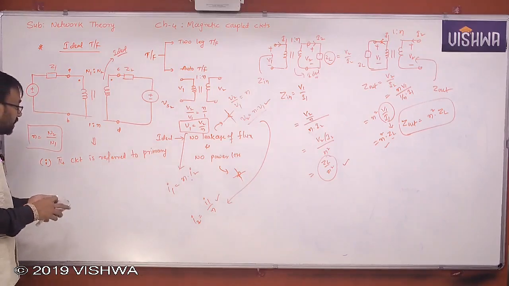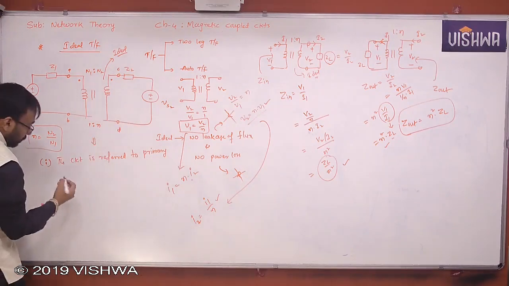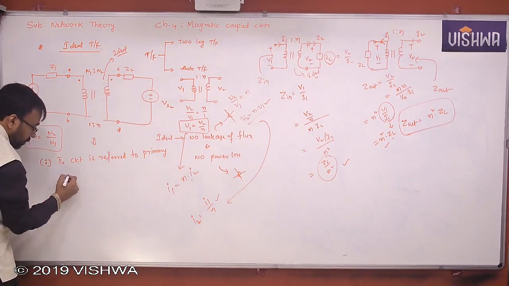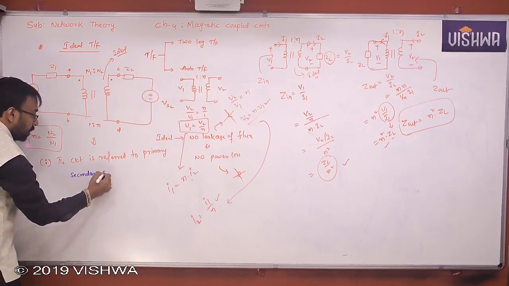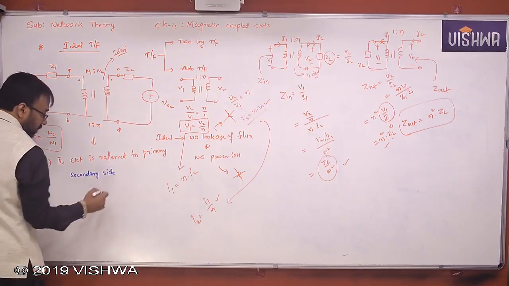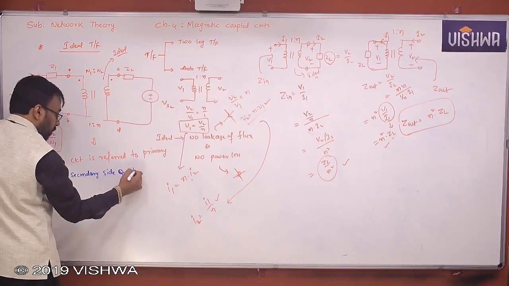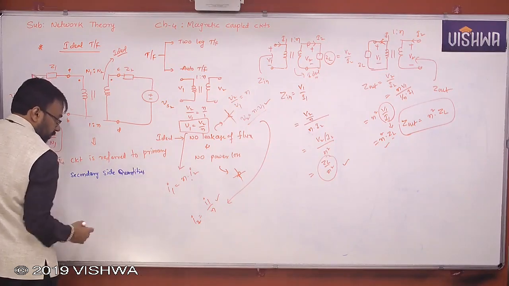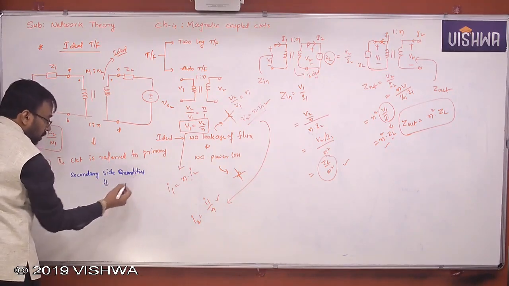The circuit is referred to primary, then the secondary side quantities will be referred to primary side.